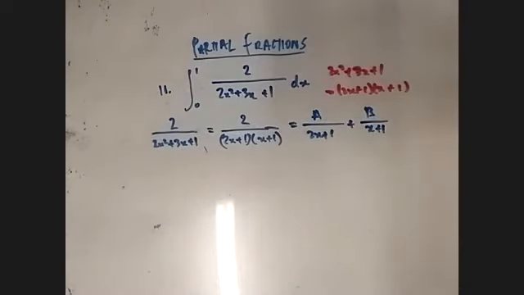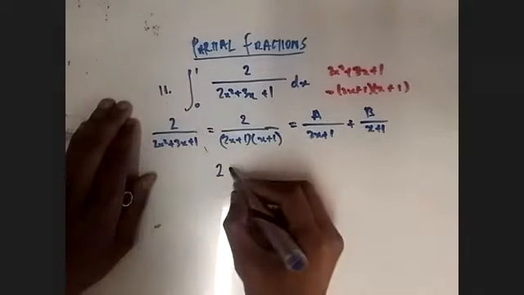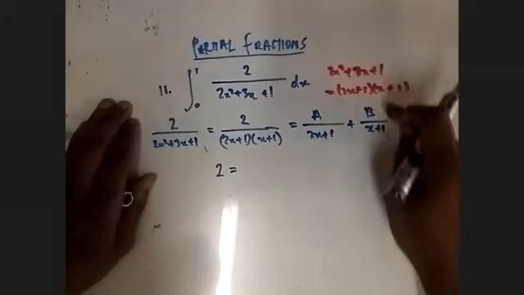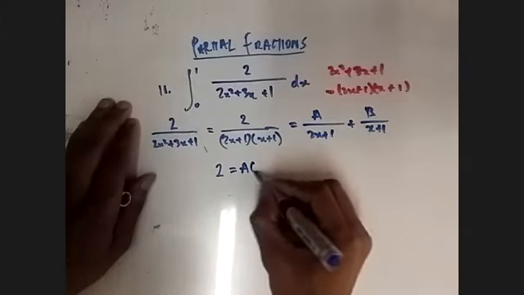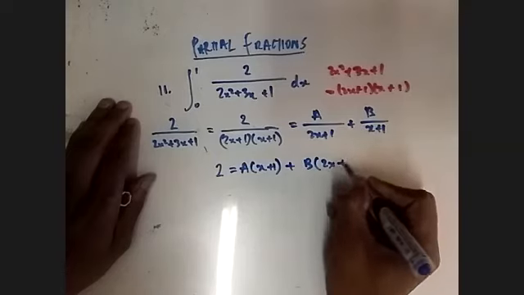Now we're going to do that thing of multiplying throughout, but I'm not going to write that. We have gained enough confidence that we can just multiply by looking at it: this will multiply by that and this will multiply by that. So I'm going to have a(x plus 1) plus b(2x plus 1).